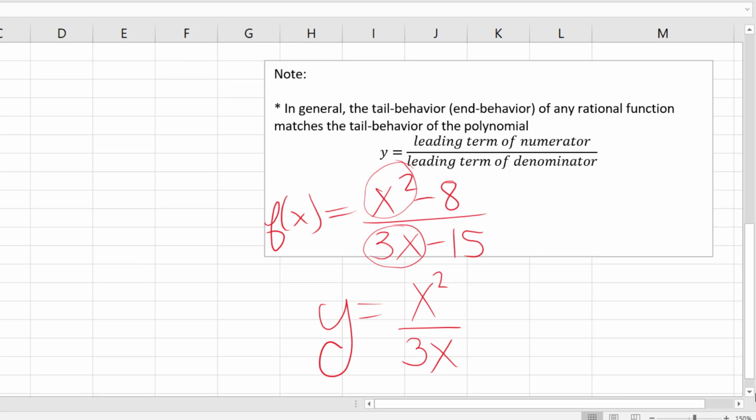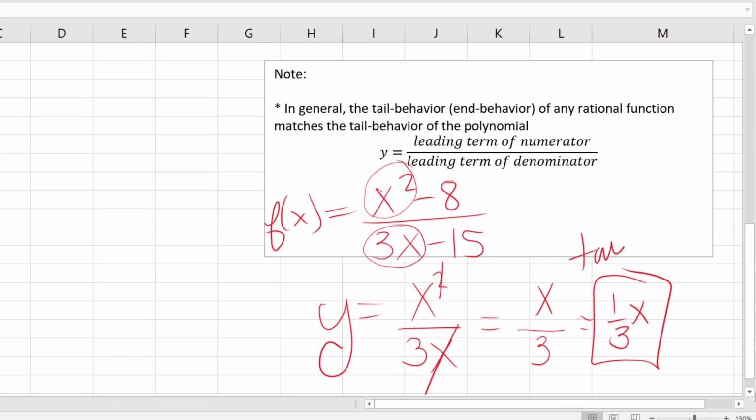So notice, one of the x's cancels out, leaving x in the numerator and 3 in the denominator. So it would just be 1/3 x. This is the tail behavior of the function f of x.